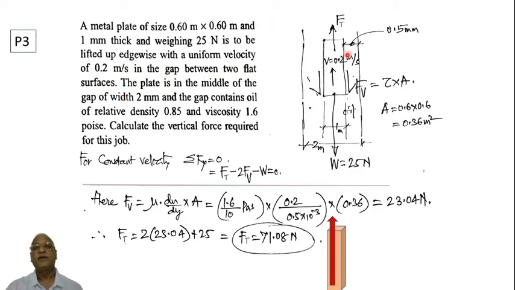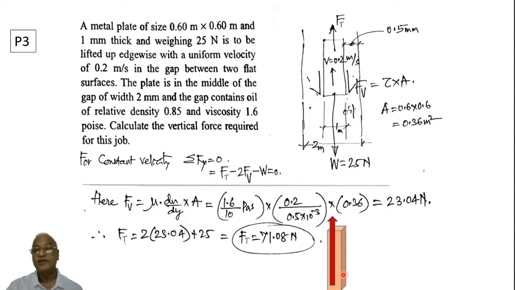Okay, here I have shown that plate. The same plate is being shown over here. They have given this thickness as 1 mm, and whatever surface is seen here on the side is 0.6 by 0.6. So 0.6 is this way, 0.6 is this way.